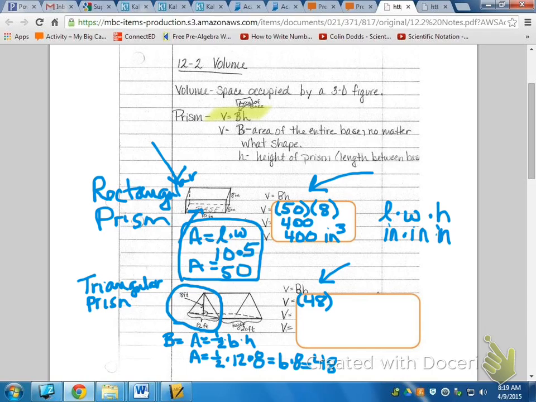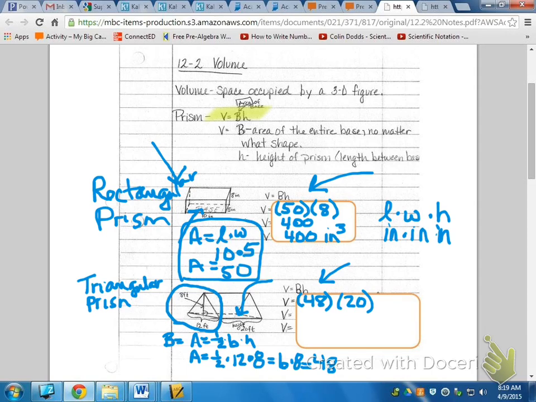Now the height of the prism is the distance between the two triangles. What's the distance between the two triangles? It's laying on its side. What is it? 20. So see, that gets kind of confusing for some people. It is laying on its side, really.